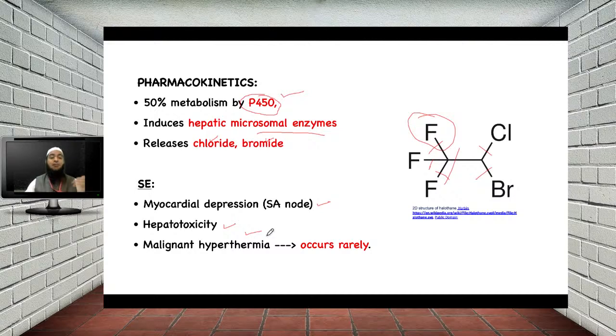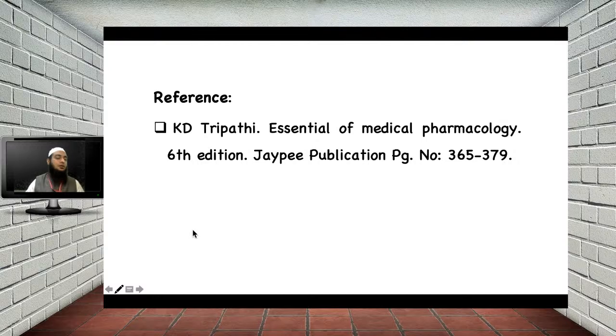Okay, so that is called malignant hyperthermia. It is very rare, and it is seen in genetically abnormal people. But although it is seen in genetically abnormal people, it is one of the important side effects of halothane, and that is the reason halothane has now been replaced by another halogenated general anesthetic agent.